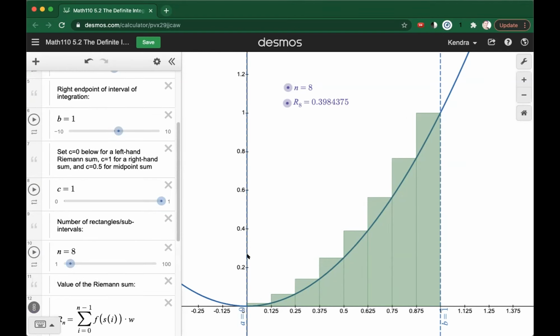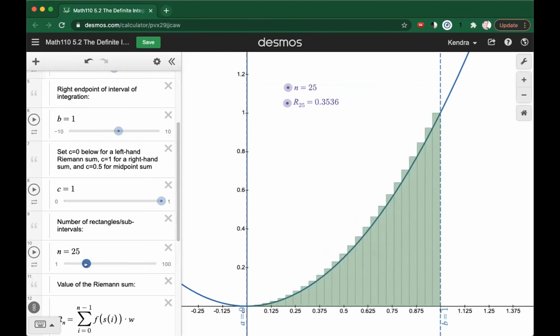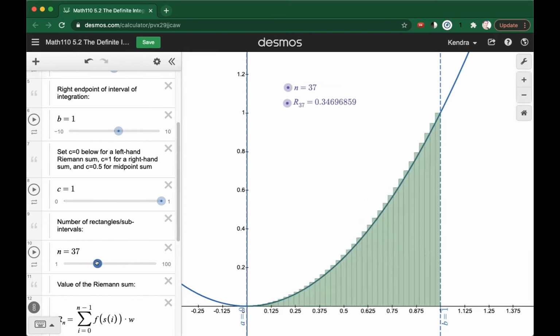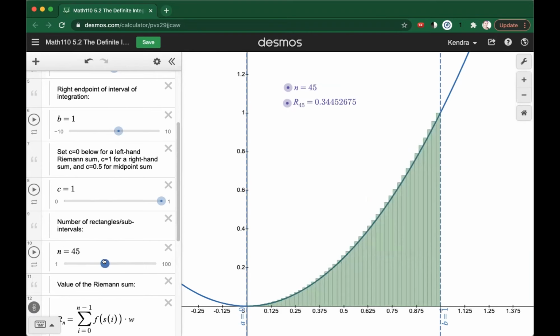And I have a variable n, which is telling me how many subdivisions I have. And you can see all of these rectangles have just a little bit too much. They're adding too much. But what happens if I increase the n? This is where I let n go to infinity. The more rectangles that I have, the better of an estimate I have, and I get a better refinement.